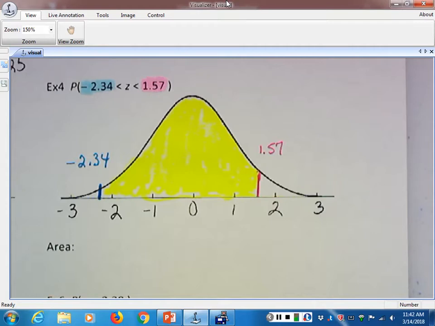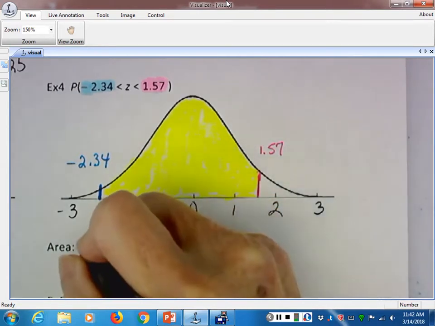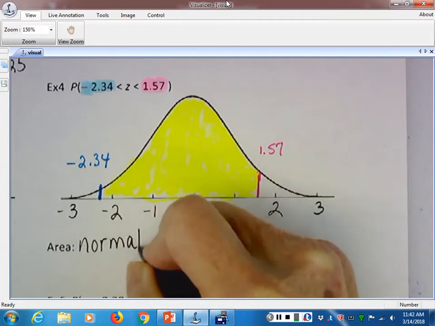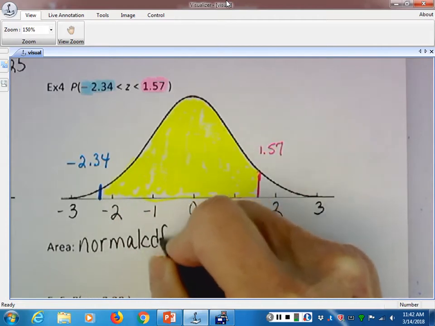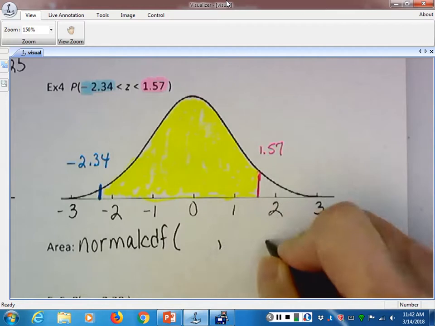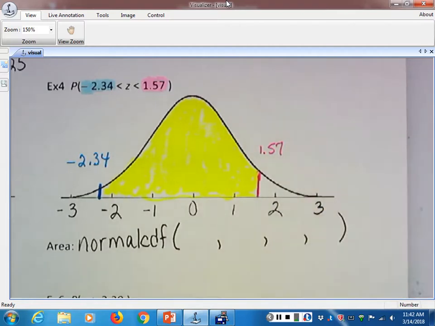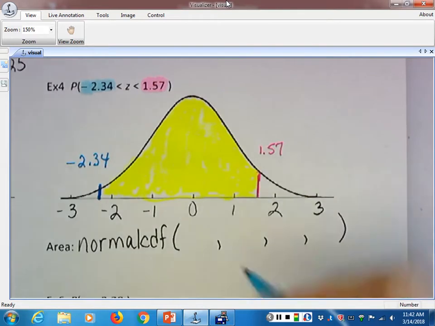So we're going to use our command once again. It's normal CDF. And the low is negative 2.34.